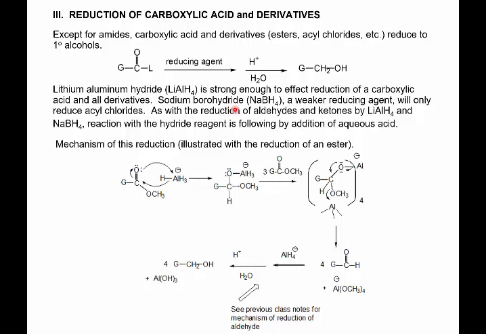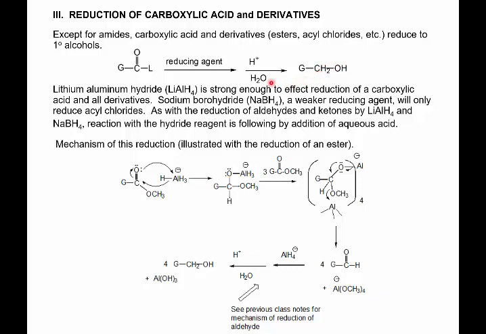Except for amides, remember they're the least reactive, carboxylic acids and their derivatives all reduce to primary alcohols. That's a general pattern. So if you start out with a carboxylic acid or a derivative, but not an amide, the reducing agent will react with it, produce a salt, and then you do an acid workup on the salt, and you're going to get an alcohol, right?